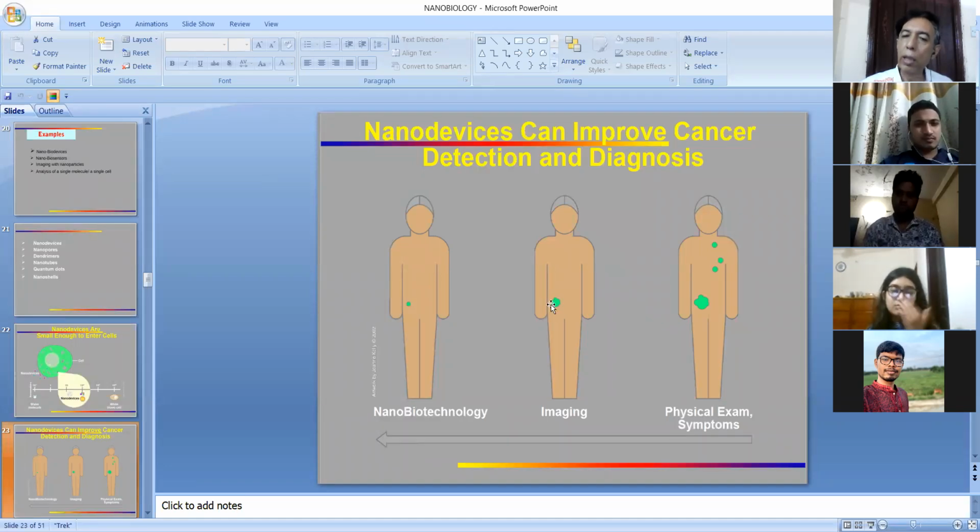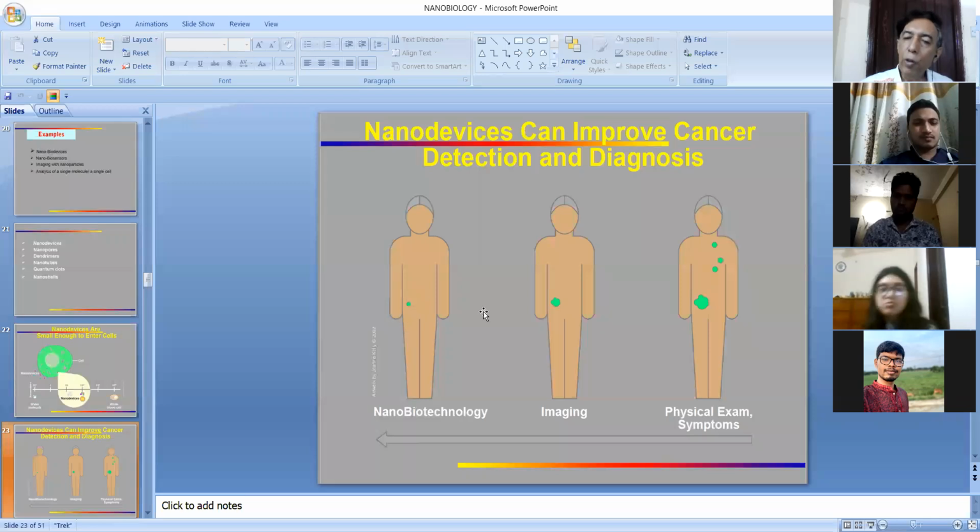But the detection size is somehow larger. If you use nanobiotechnology, you will see the exact location and exact size. The size of the tumor is like this.